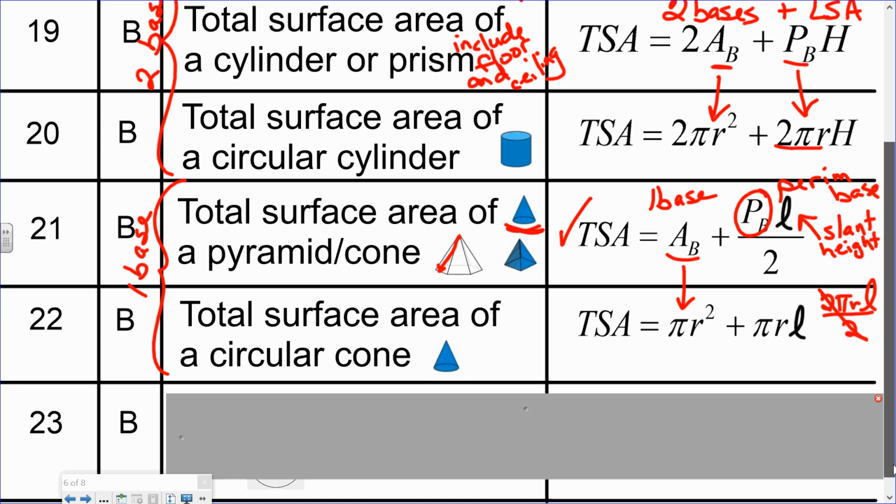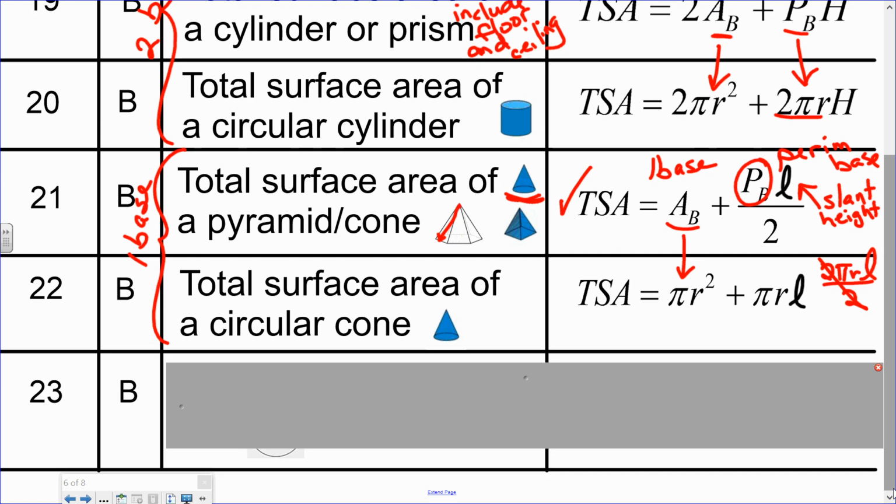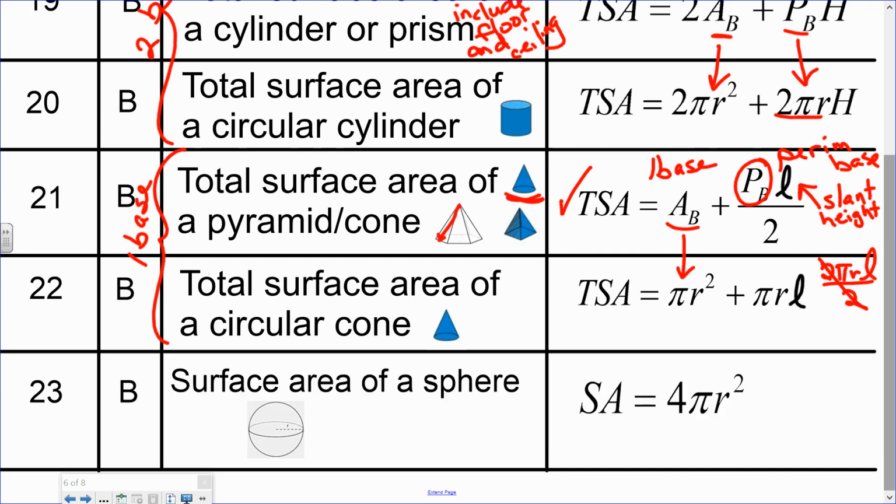And the last one, surface area of a sphere is 4 pi r squared. Now, a lot of times students get the two for the sphere mixed up. I'm going to write the other one that we had on the last slide right here. The volume was 4/3 pi r cubed.